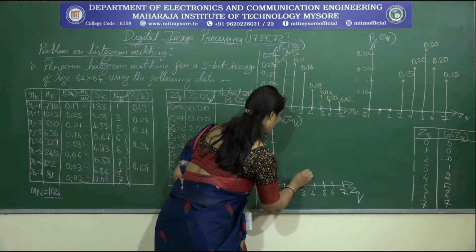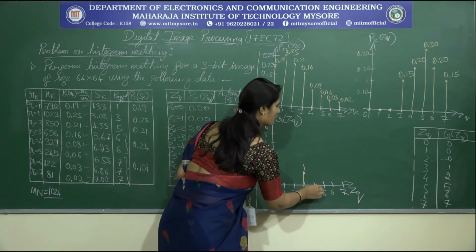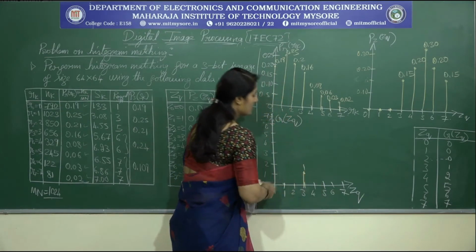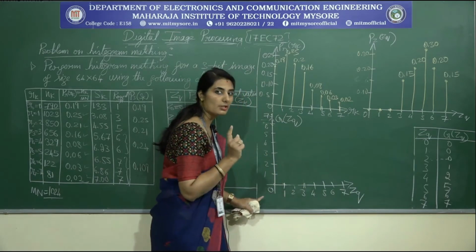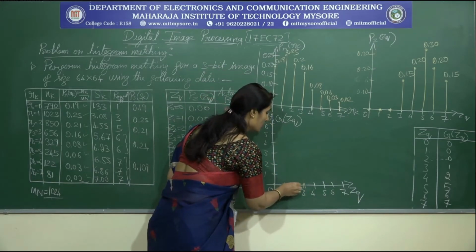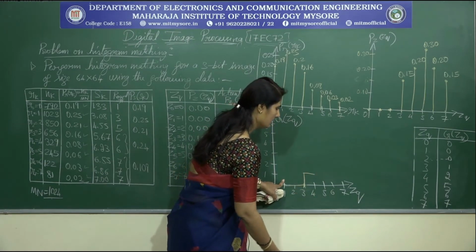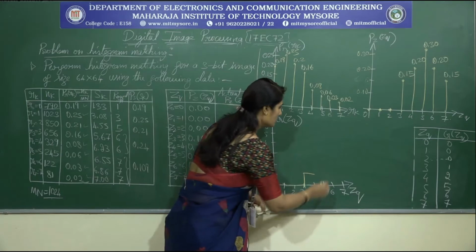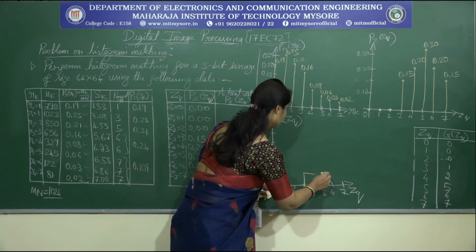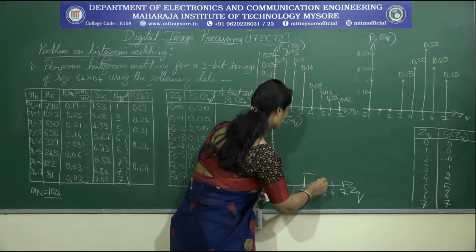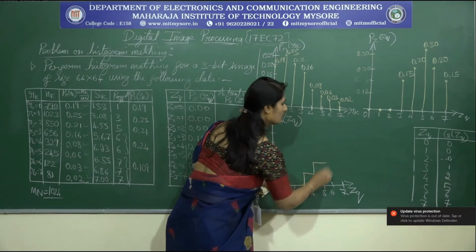For 3 it is 1. For 4 it is 2, and just remember the transformation functions are monotonically increasing functions.